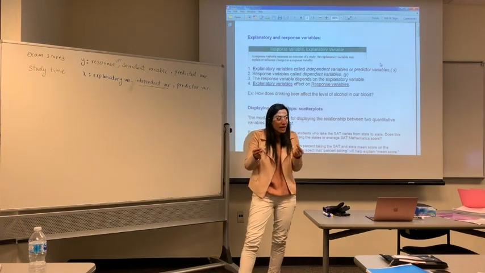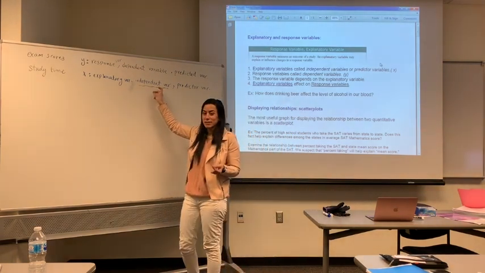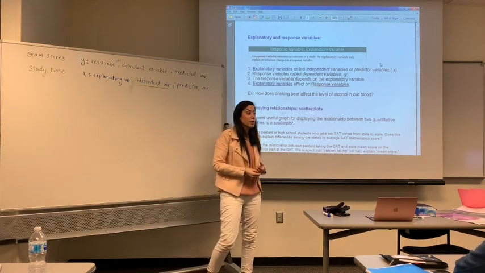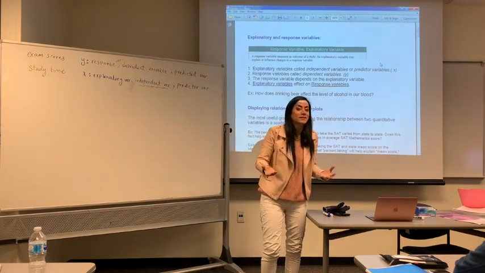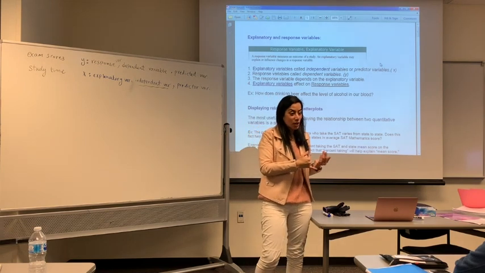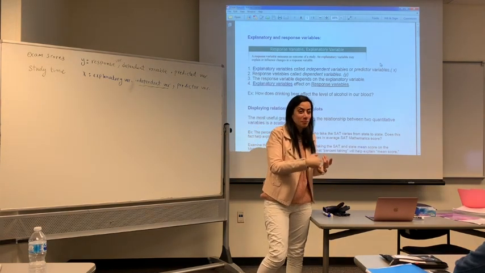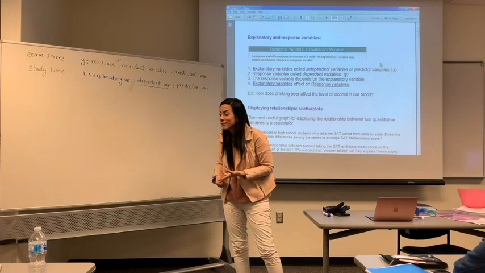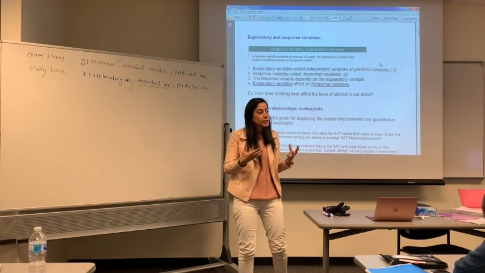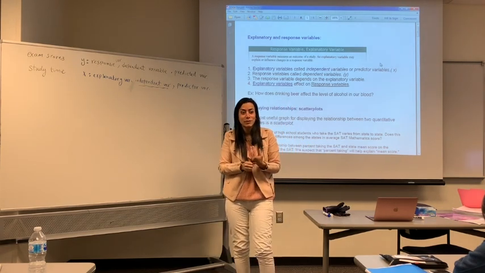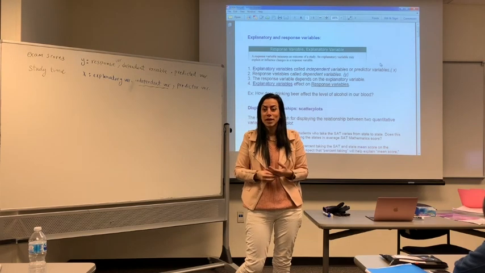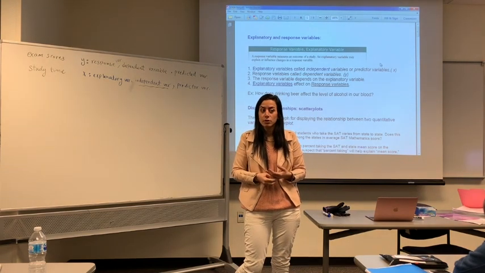Your study time will depend on your work time also, correct? So I can even have a study like that: find the effect of your work time and the study time, both of them, on the exam score, correct? So now you can easily see I can have either one explanatory variable in the study, or many, more than one, correct?